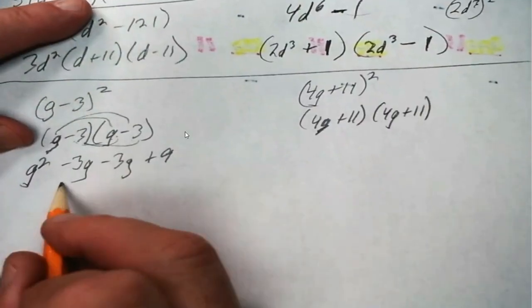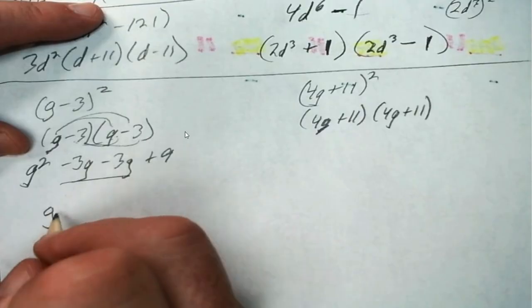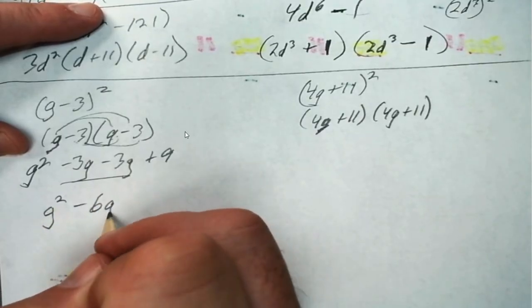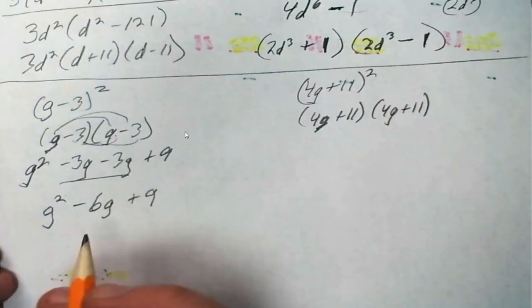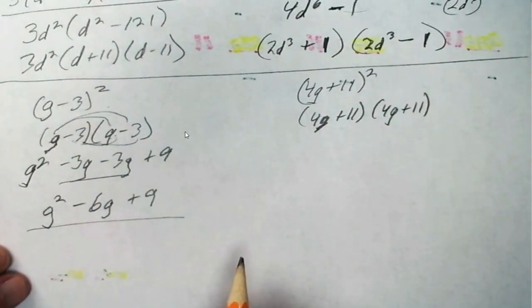So we have like terms. This is g squared minus 6g plus 9. That's what it equals when we multiply g minus 3 times g minus 3.